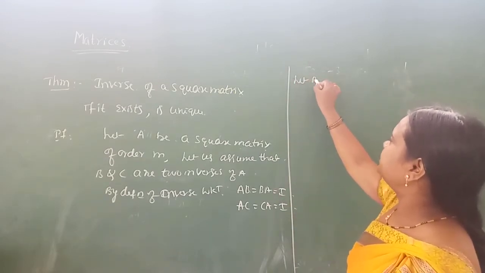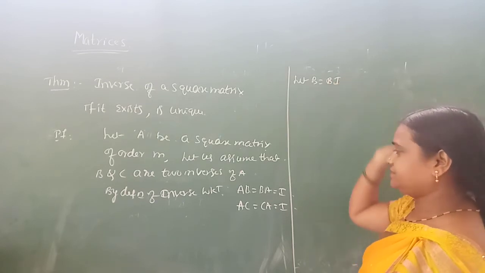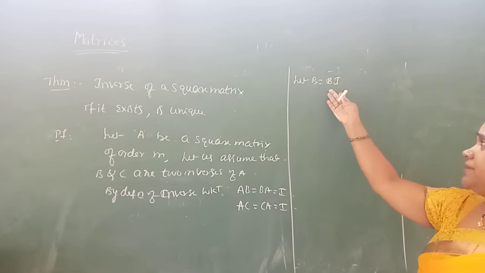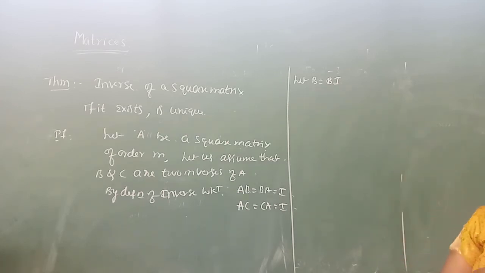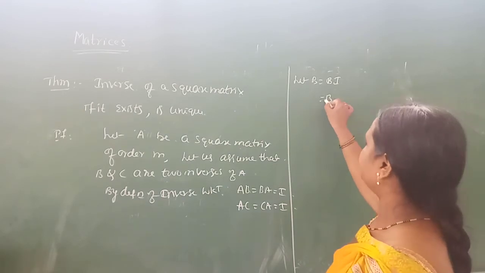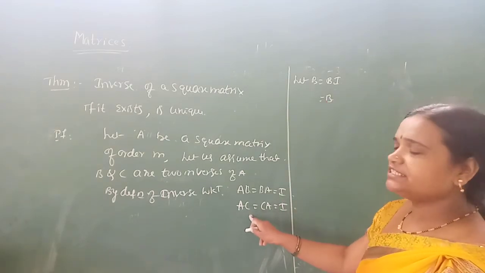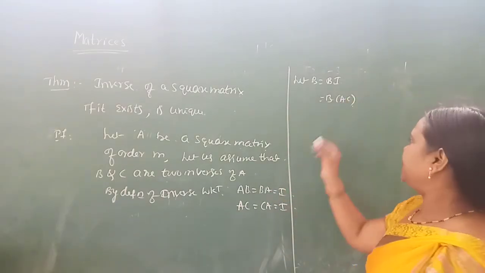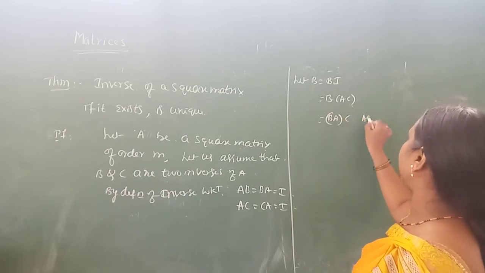Let's consider B. I will write BI, because identity matrix multiplied by B means nothing. What is B into 1? B only. Then I will write B, and what does I represent? I is AC. We can write this as BA of C because of the associative rule.